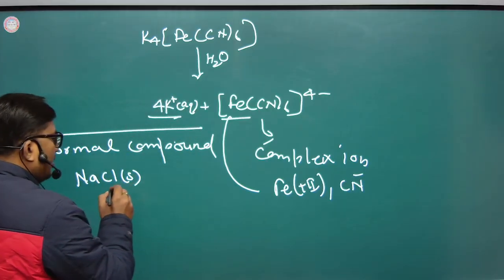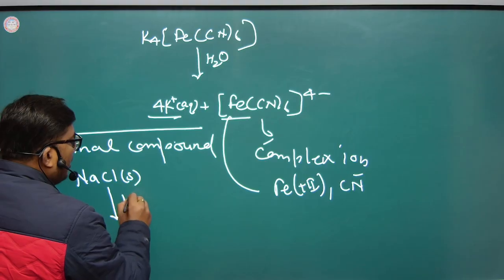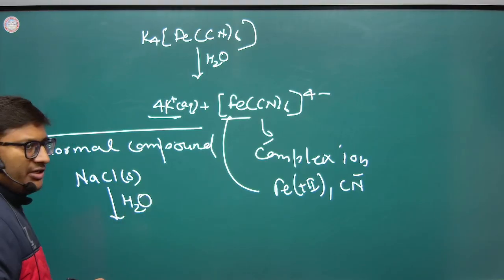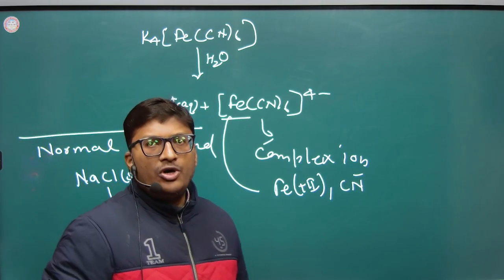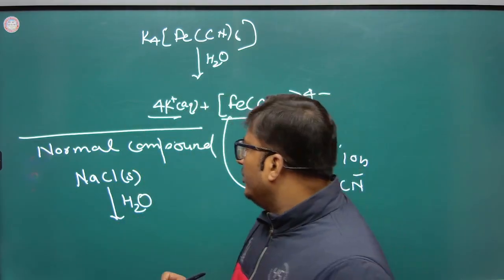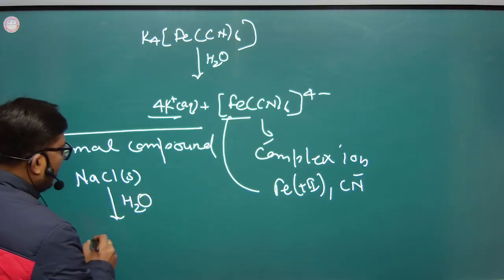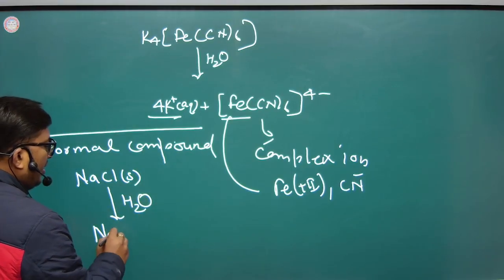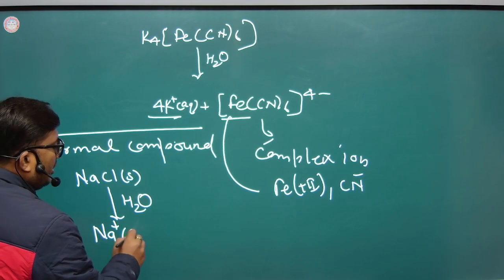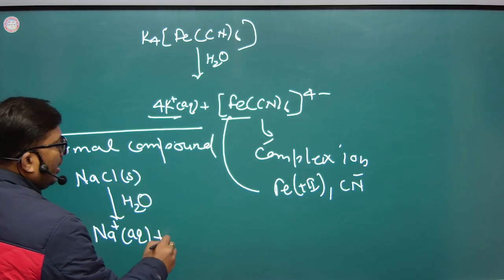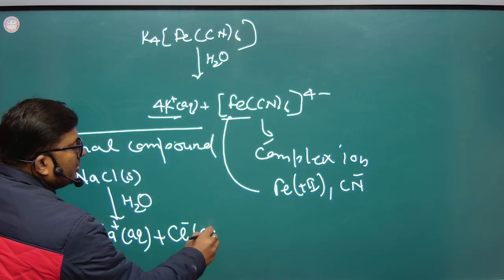When it is dissolved in water, which is a polar solvent, it has a positive dipole as well as a negative dipole. Once this sodium chloride is dissolved in water, it gives Na+(aq) and Cl-(aq).